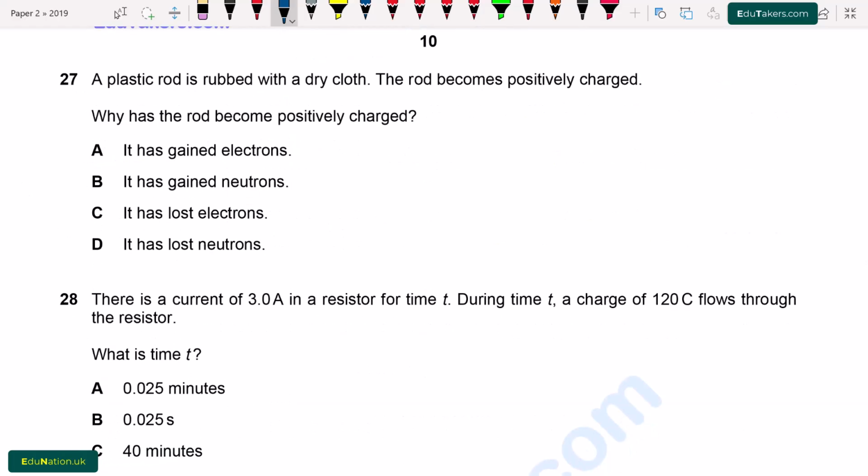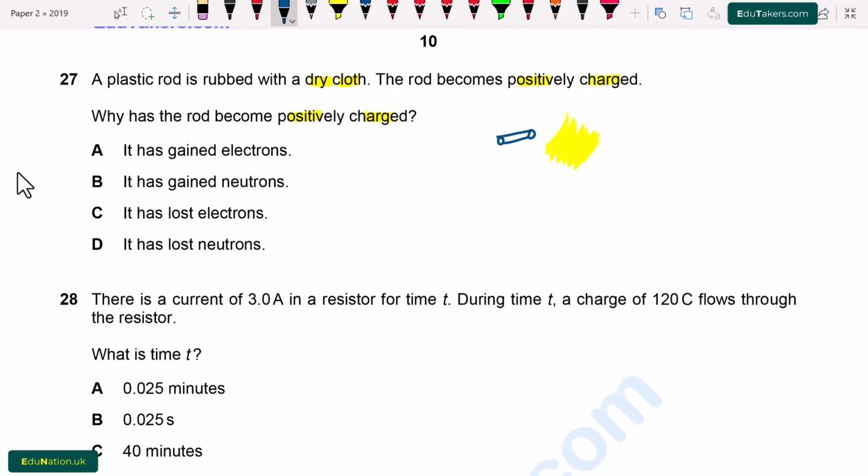Question number 27. A plastic rod is rubbed with a dry cloth. The rod becomes positively charged. Why has the rod become positively charged? So when we rub the rod with the dry cloth, I suppose that here is the dry cloth and there is also the plastic rod.